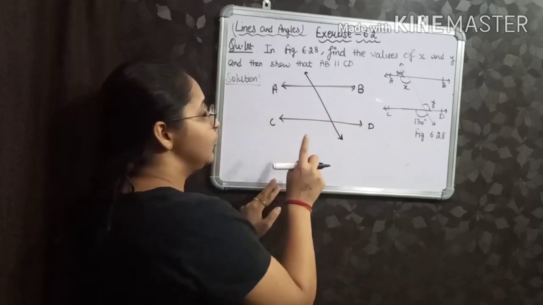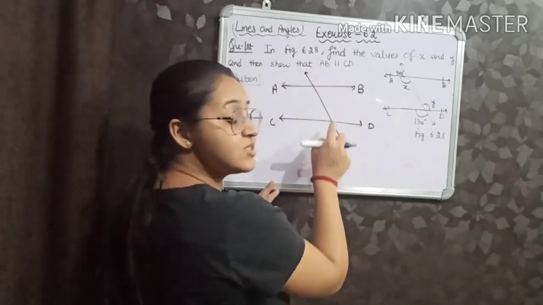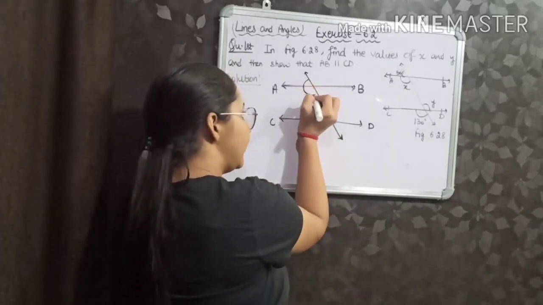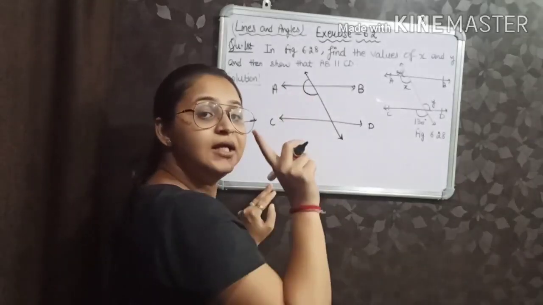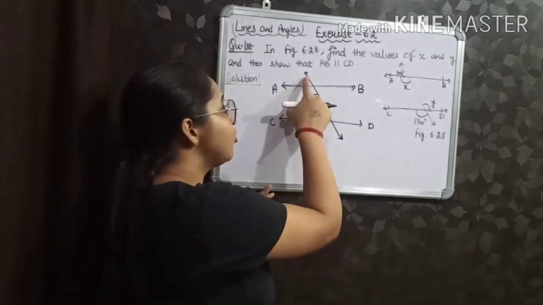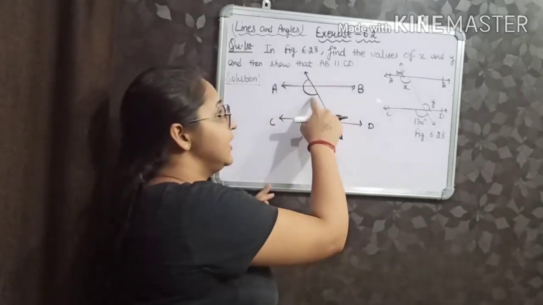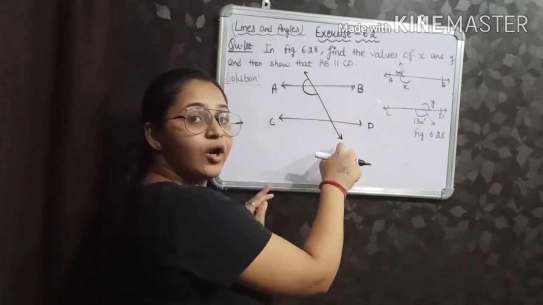Okay. And you know very well that if two lines are here and one is a transversal line, so these two angles are forming a linear pair, and linear pair are supplementary. That means the sum of these two angles is 180 degree because these are linear pair and these angles are made on a line.